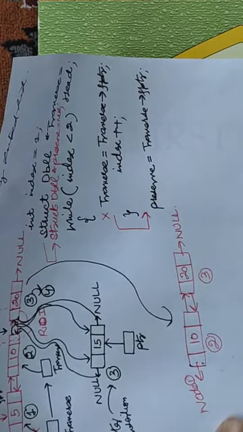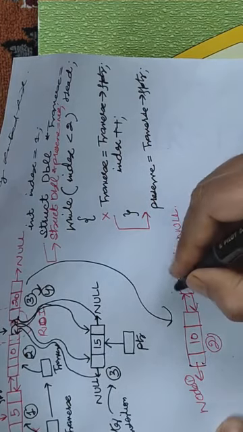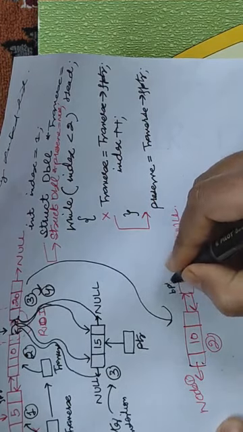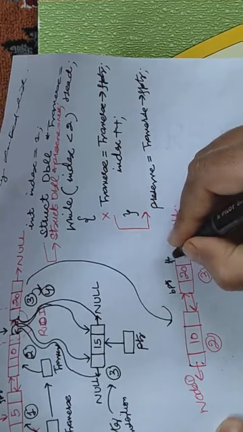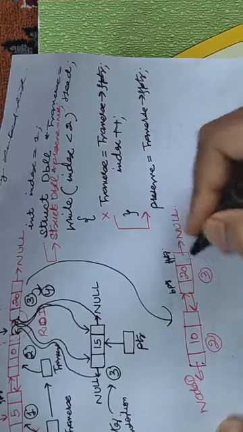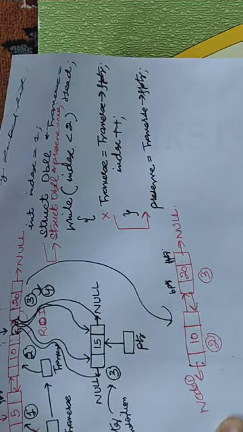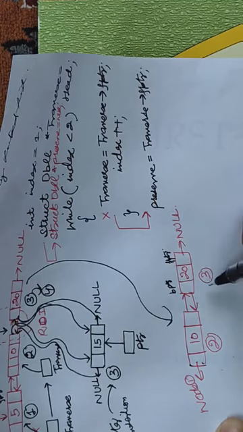So this is the back pointer and this is the forward pointer of node number 2. So we will do one thing.